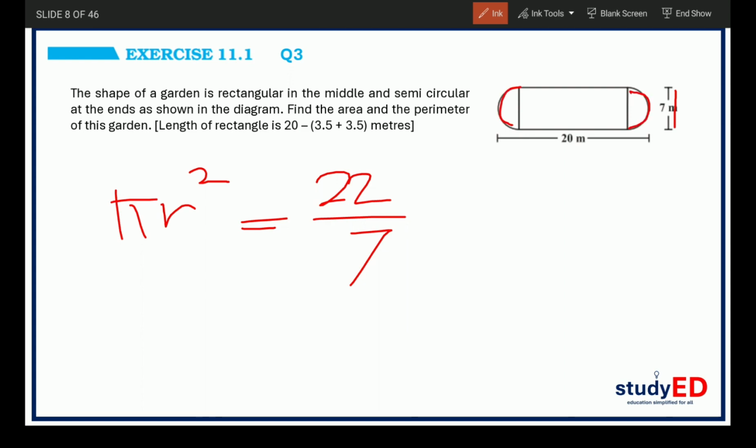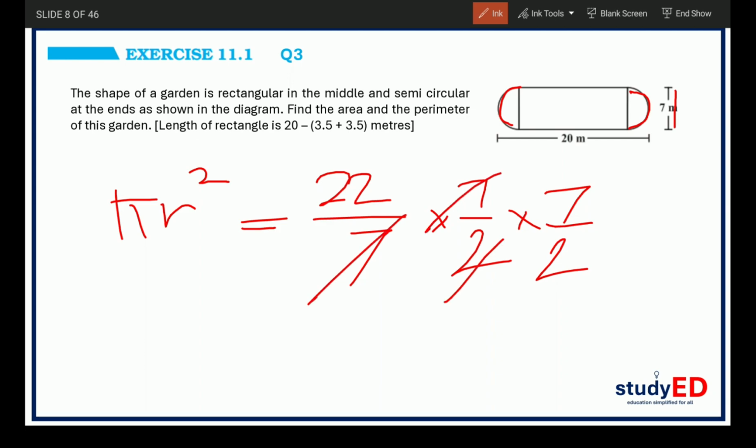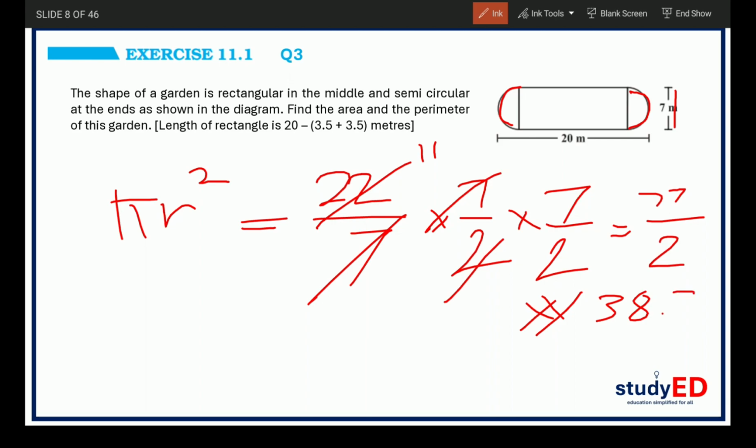If we calculate it, we get 7 by 2 into 7 by 2, which is 7 by 2 square, or r square. Now we'll just cut this off. 11. And simplified, we get 77 by 2, or in decimal form, 38.5.